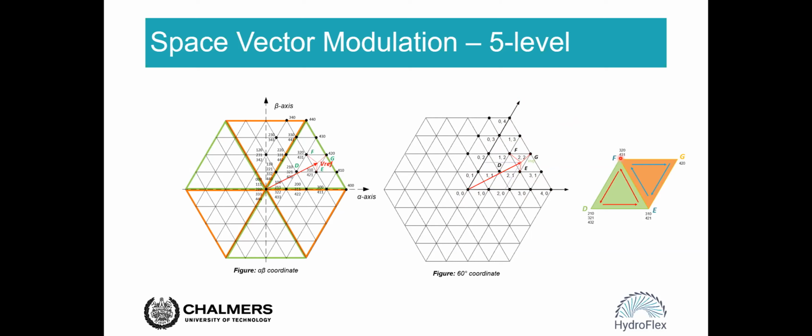One is like this triangle DEF, which we call the lower triangle, while the other is like the triangle FEG, which is basically the flipped version of the lower triangle. We call it the upper triangle. So the reference voltage can be located either in the lower triangle DEF or in the upper triangle FEG.